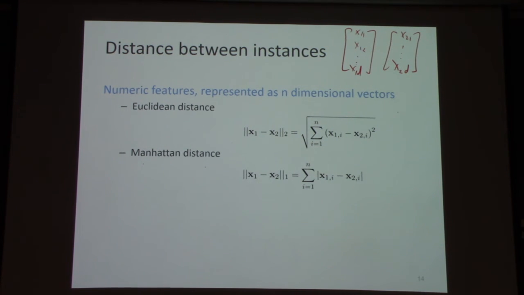So let's say I have the points 1, 1 and 2, 2. What's the Euclidean distance between those 2 points? What's the Manhattan distance? 2.